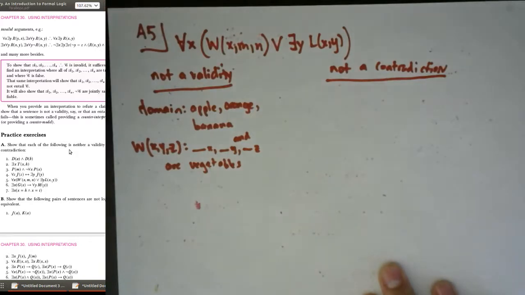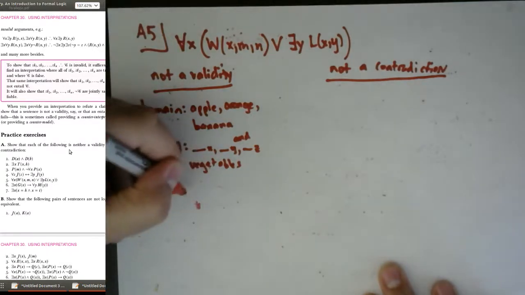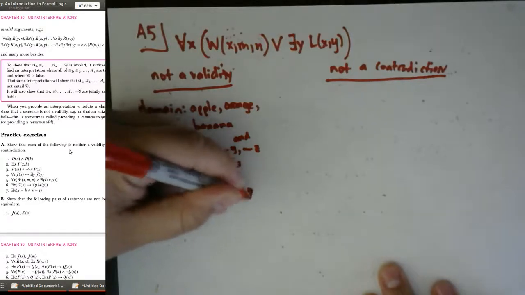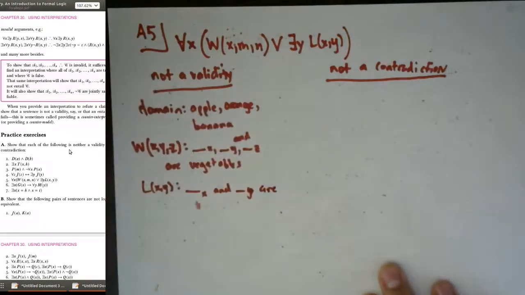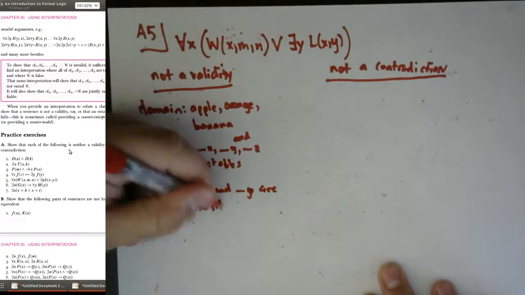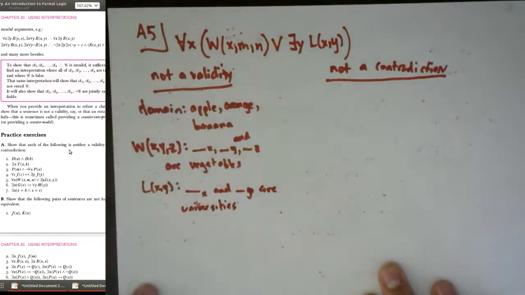Now if we choose L in a way that's also false, maybe we say x and y are, I don't know, universities, okay? It can be as ridiculous as you want.